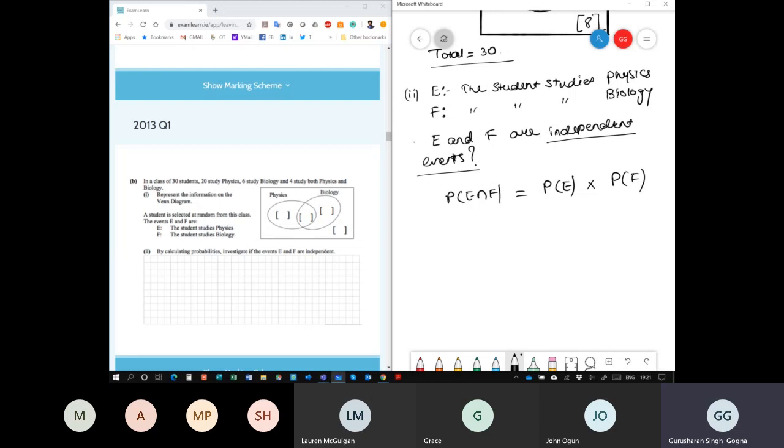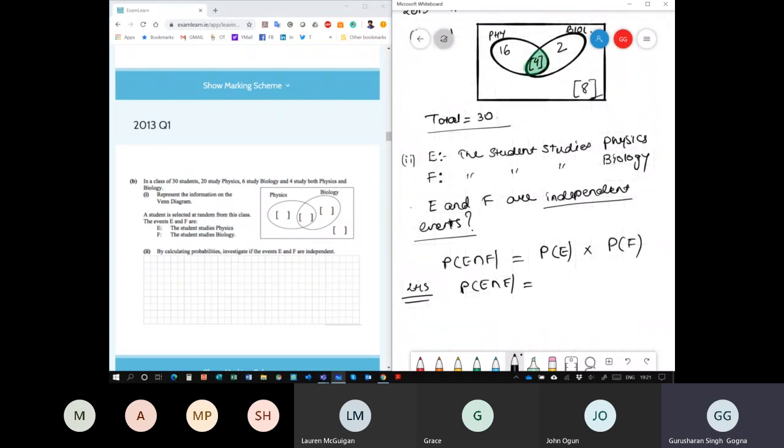First, we will use the left hand side and find the probability of E intersection F. How many students study both biology and physics? It's 4, out of a total of 30. So the probability is 4 over 30.